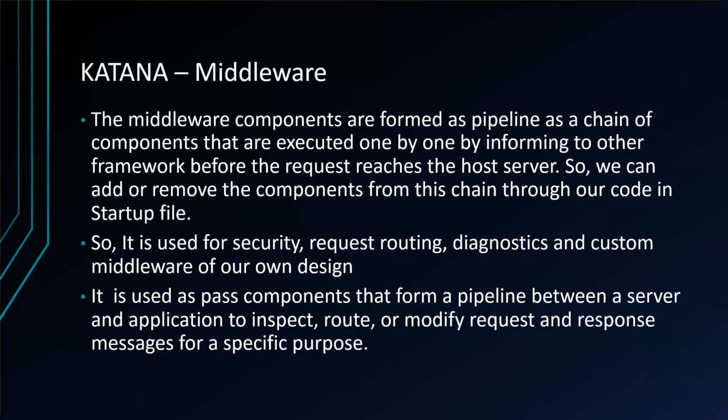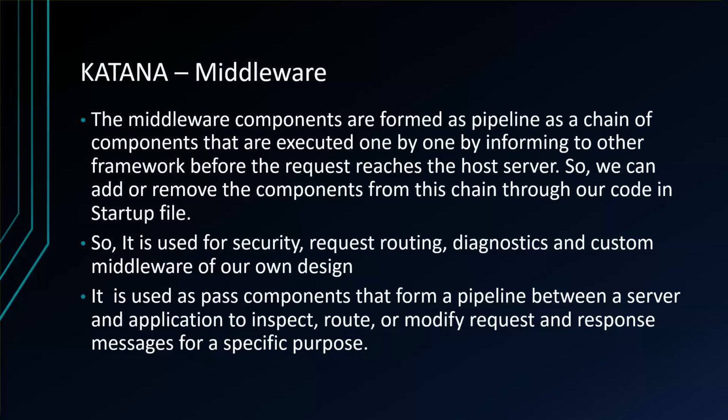The middleware components are formed as a pipeline, as a chain of components, and are executed one by one, each informing the next, 'Okay, I finished my responsibility. You please take control from now onwards. You can execute your things.' The second middleware does the similar thing. Finally the control is given to the server. The main advantages here are security, request routing, diagnostics, and custom middleware of our own design.